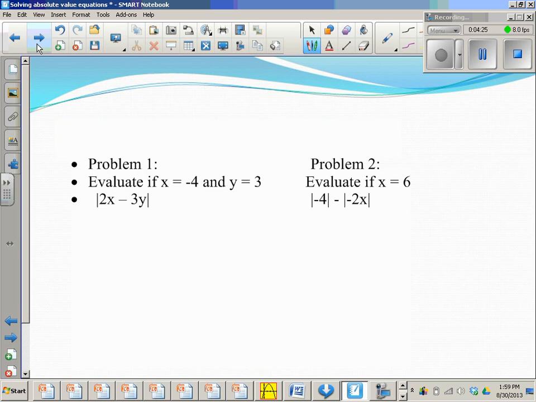Let's look at 2 more. Evaluate if x equals negative 4 and y equals 3. What would your first step be? Right. Substitute.